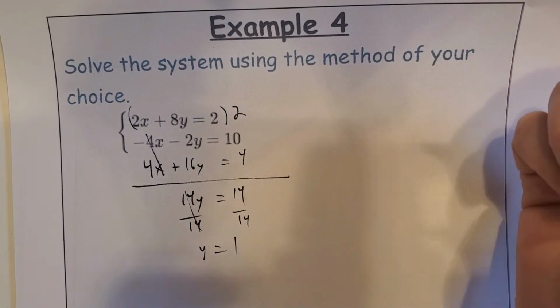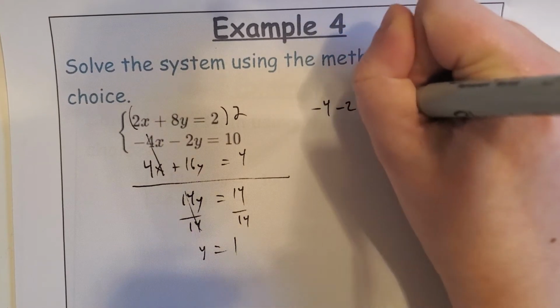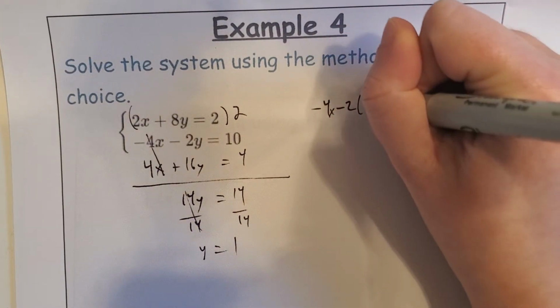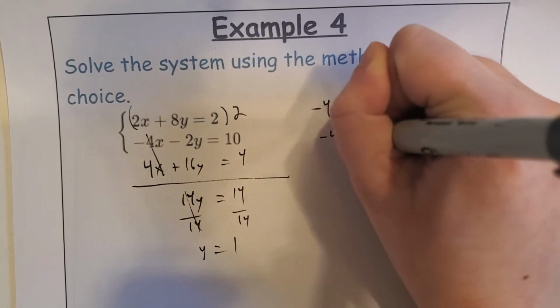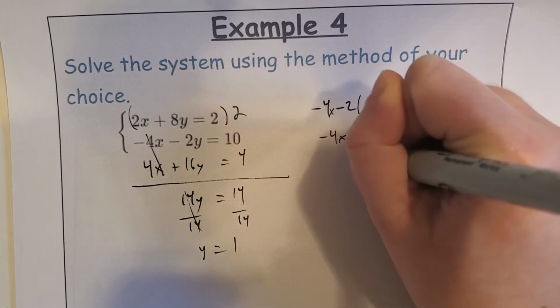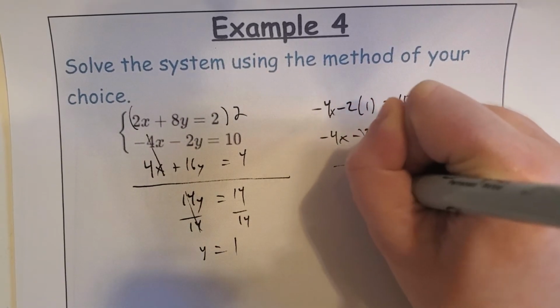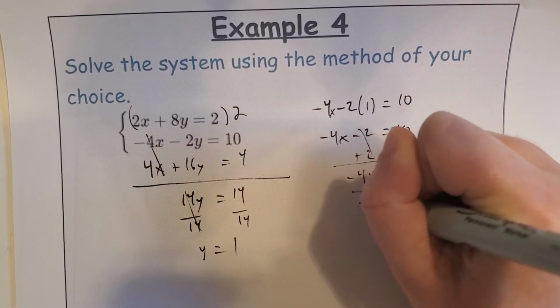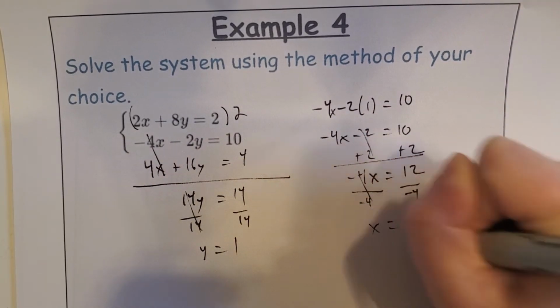Again, it doesn't matter. You should get the exact same thing regardless. So -4x minus 2 times 1 is equal to 10. Minus 2, add 2, 12, divide by -4. So x is equal to -3.